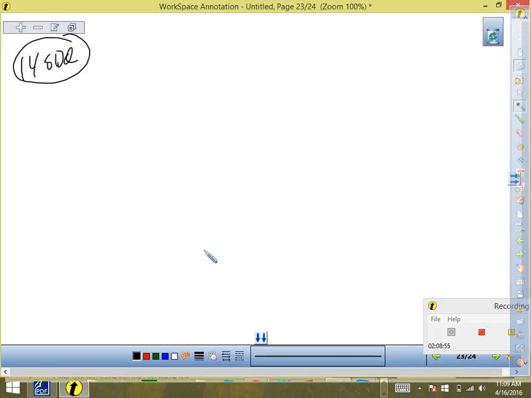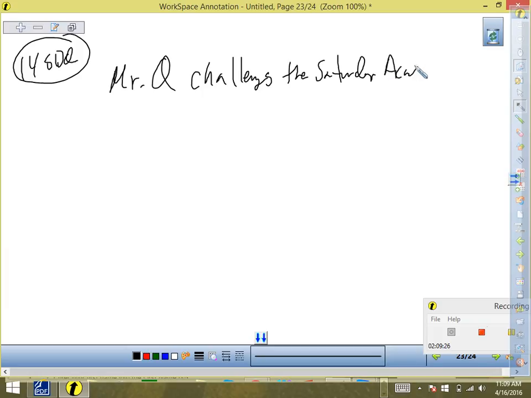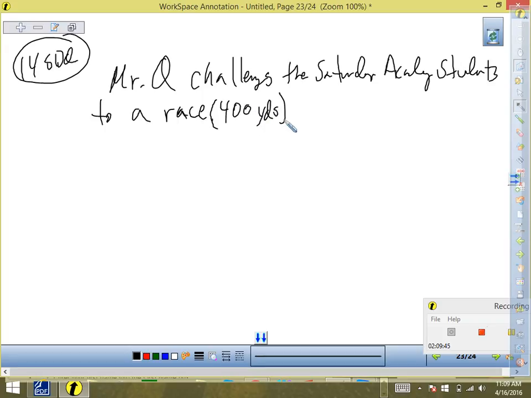Here it goes. Write this down. Mr. Q challenges the Saturday Academy students to a race. And let's put that in parentheses, 400 yards. That means one turn around the track, right?